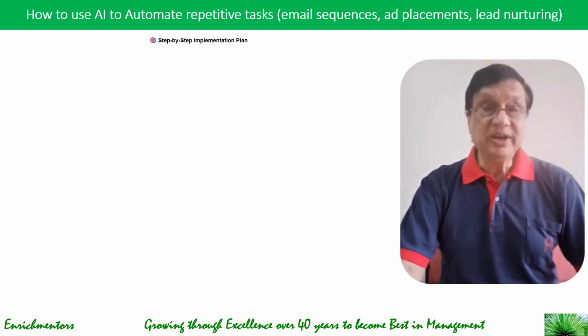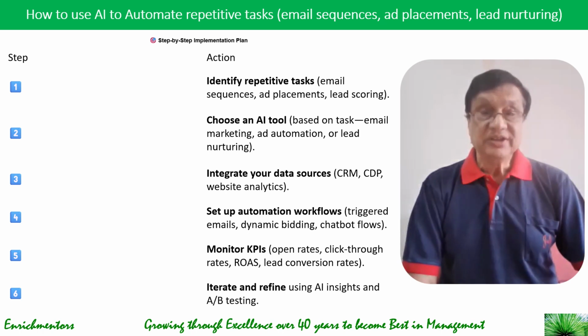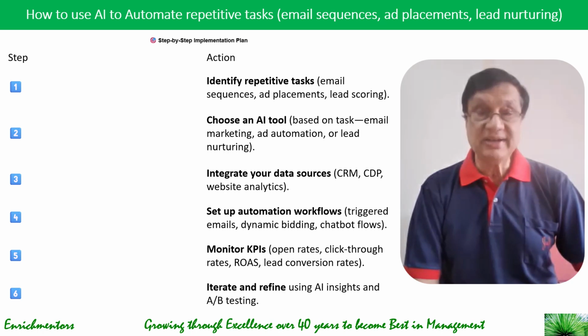So let's take a look at the steps that you can do to implement this plan. First, you need to identify repetitive tasks like email sequencing, ad placements, and lead scoring. Then you need to choose an AI tool based on the task for email marketing, ad automation, or lead nurturing. Integrate your data sources from CRM, CDP, website analytics.